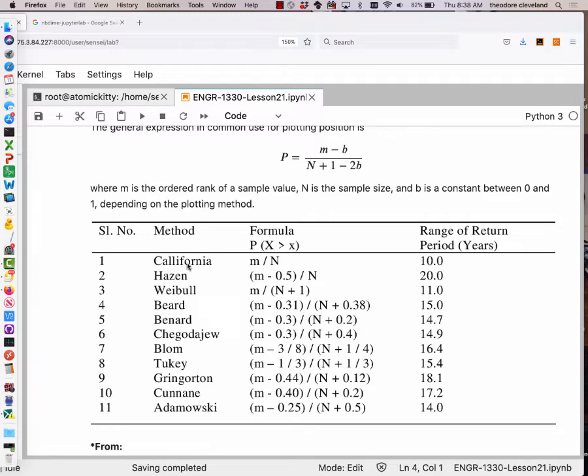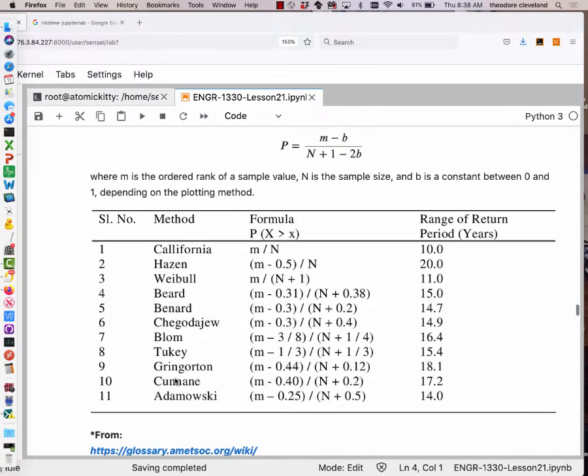That is not how you spell California. They would have to tax you for that extra L. It is, you take the rank and you divide by the total number of things. There's a Hazen, Weibull, Beard, Bernard, I can't pronounce that one, Blom, Tukey, Gringorten, which is a fun one because it sounds like some kind of creature out of Guardians of the Galaxy, Cunnane, Adamowski. There's got to be dozens of other ones.